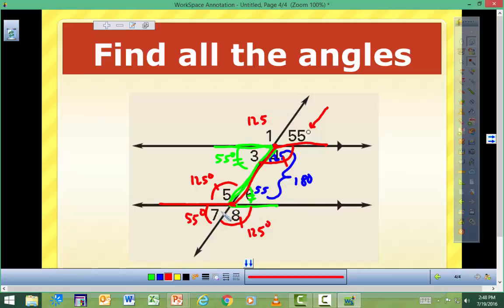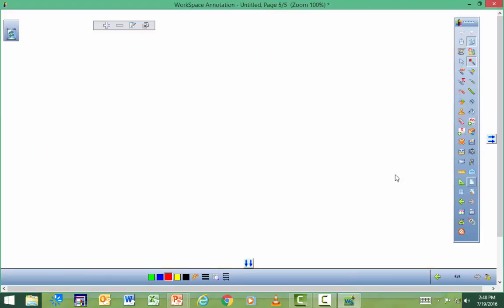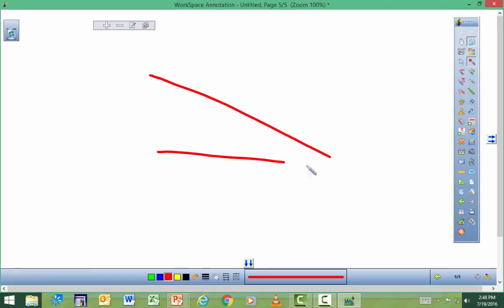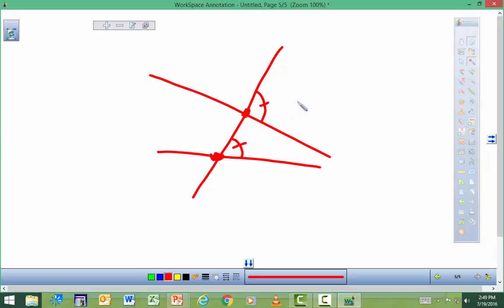But that only happens, once again, if you have parallel lines. So always make sure we have parallel lines first. Just want you to realize that if you don't have parallel lines, we can't say that anymore. In this case, we have a transversal, but we cannot say that this angle is congruent to this one. That would be false.